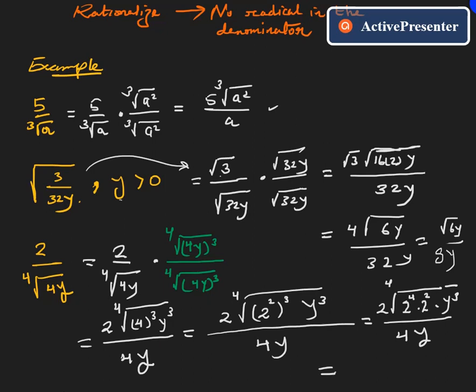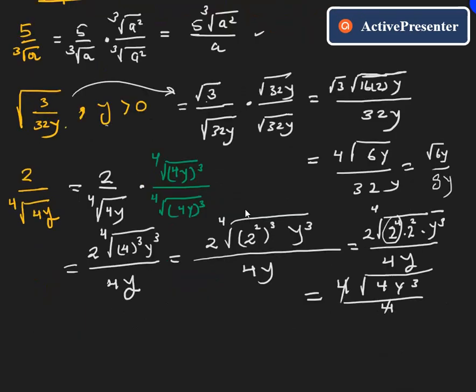Of course this will be eliminated and will go outside, should be 4 multiplied by 2 squared, here should be 4 y cube over 4. Then these two will be eliminated and the final answer would be equal to the fourth root of 4y cube over y. Here it is y.